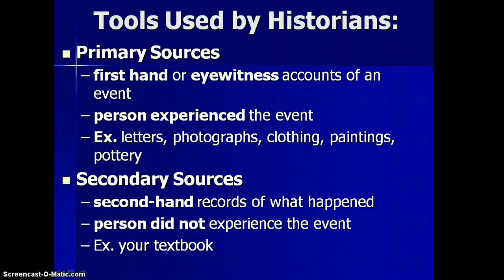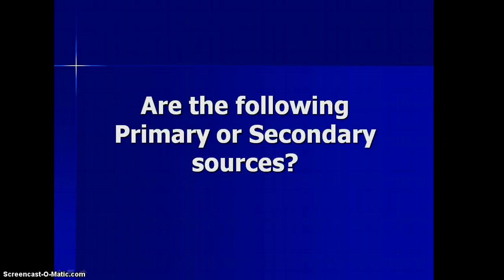And you can just write P for primary, S for secondary, and if you miss it, that's totally fine. Just make sure that you cross out the wrong answer and write the right answer. That way I just get a sense for which ones you missed and things like that. So the question, are the following primary or secondary sources? Again, you're going to classify with P for primary or S for secondary.